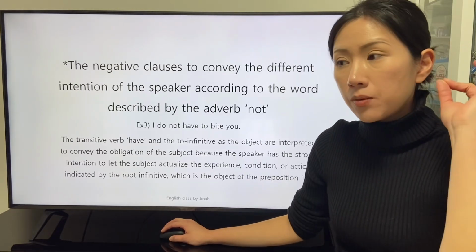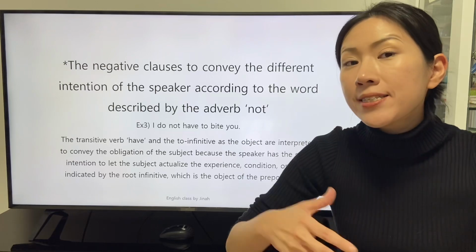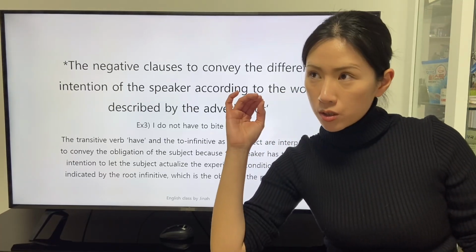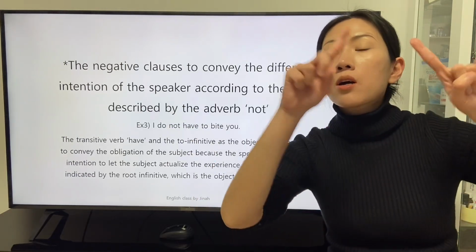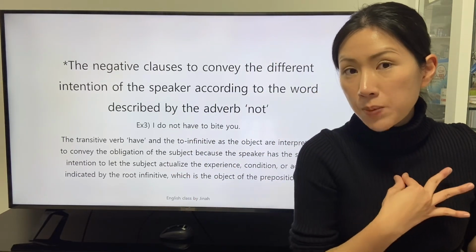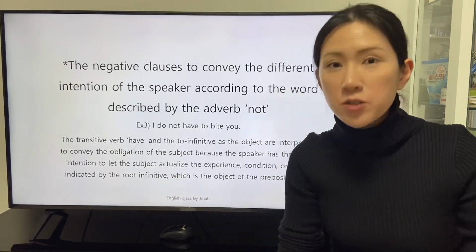That's the reason the phrase of the transitive verb have and the to-infinitive convey the intention of the speaker that is close to the obligation of the subject.